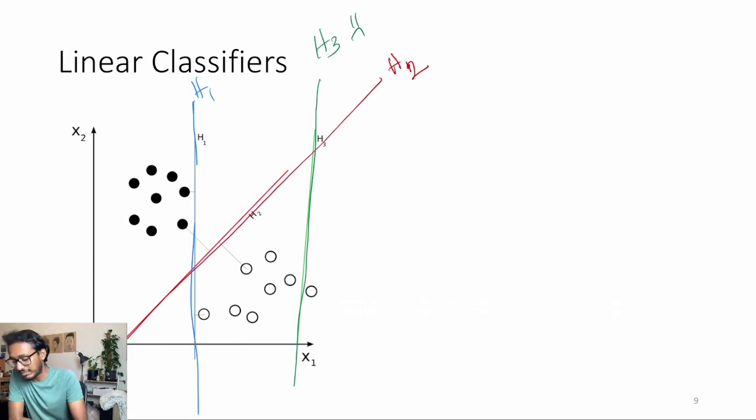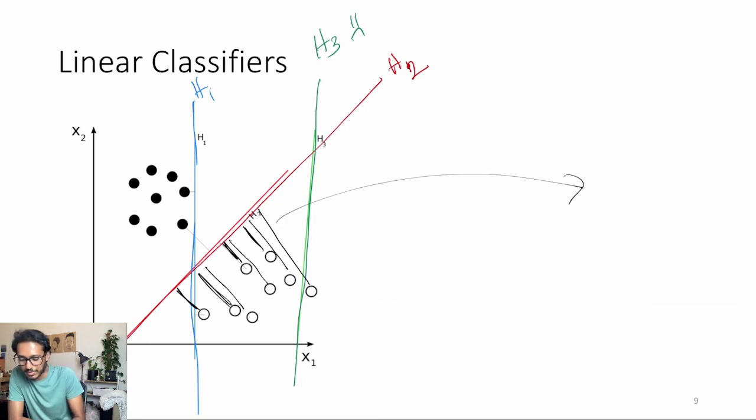What we do here is we measure the distance from our line to our observations.